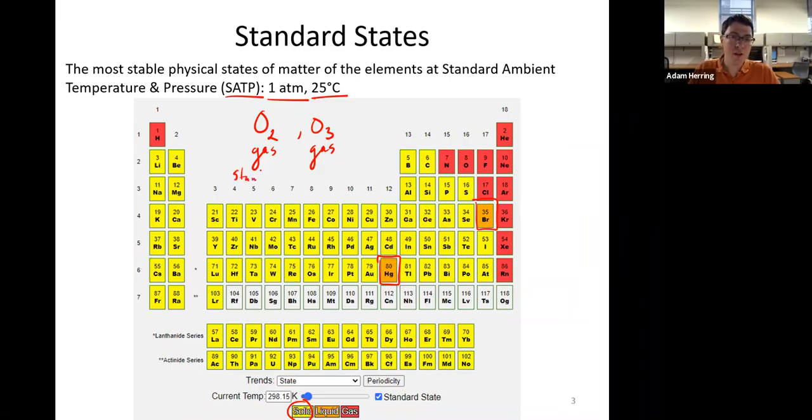This is standard state for oxygen. This is not standard state. The ebook goes through and delineates other examples, but they include elements such as carbon, phosphorus, sulfur. These are some common elements that you need to be familiar with. What's the most standard state?